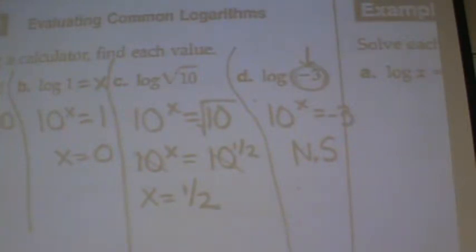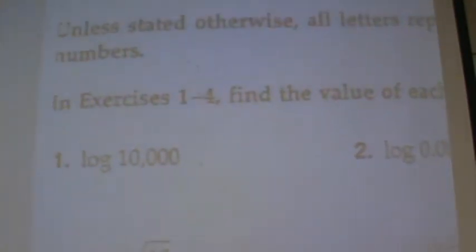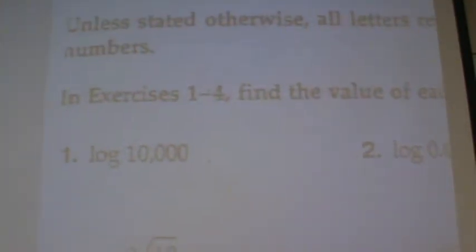Okay, so you're going to use that information of converting back into exponential form to get the answers to these. So if you turn it over, that's how you're going to do it. They don't want you to use a calculator on these.